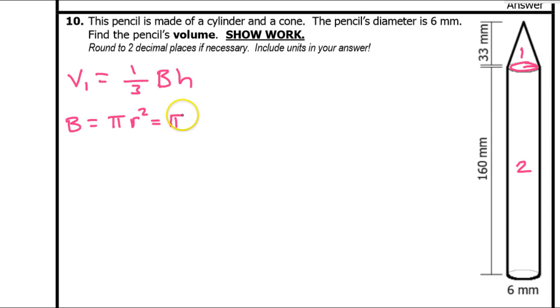So that's going to be pi 3 squared, which is 9 pi. So that's going to go in right here. So that means that volume 1 is 1/3 9 pi times the height. The height of the cone is 33 millimeters.